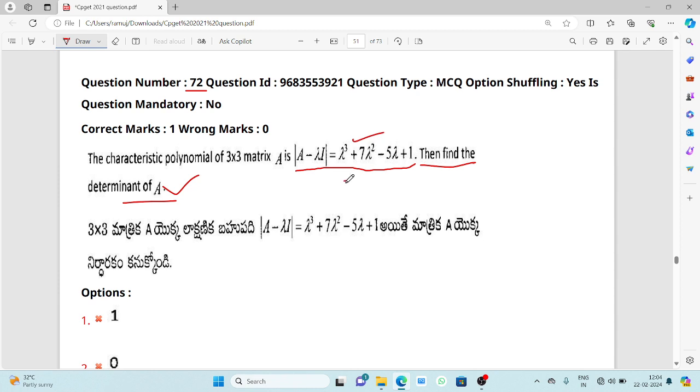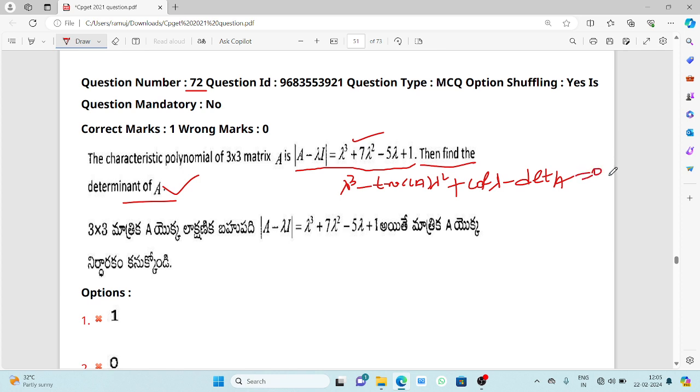If you write the characteristic polynomial of a matrix A directly, it is lambda cube minus trace of A lambda square plus the sum of the principal cofactors of the diagonal elements lambda minus determinant of A is equal to 0.